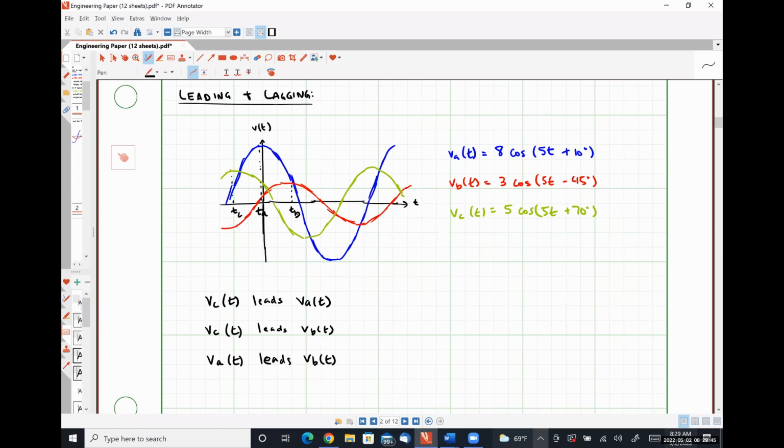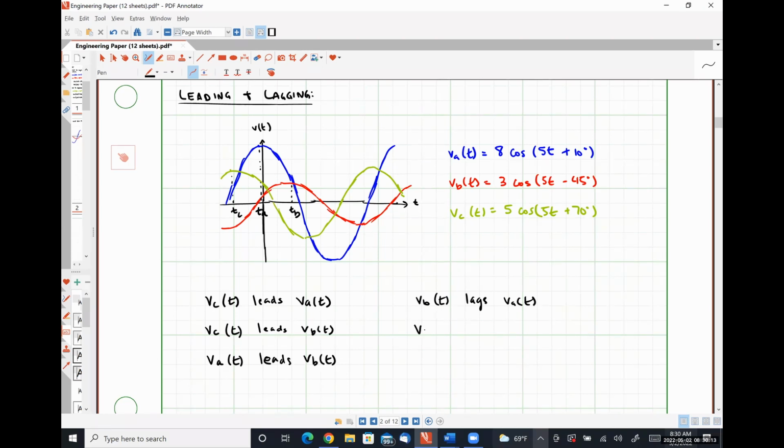We could also look at things the other way around, okay? So we could say that VB of t lags VA of t because its peak value occurs later.